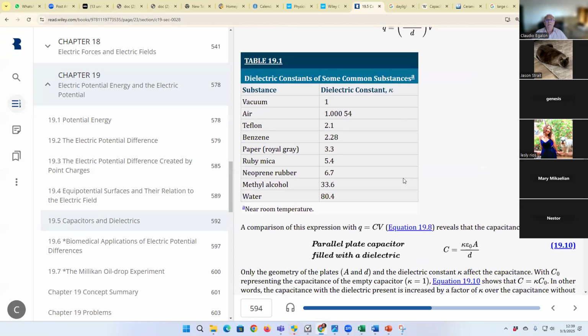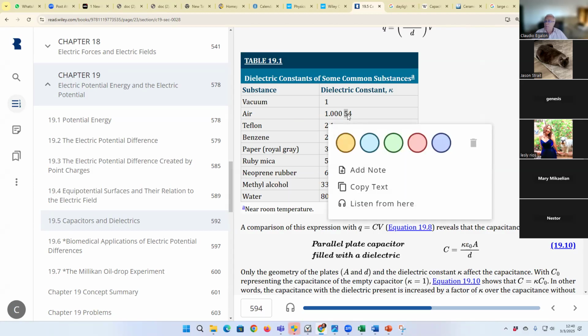The book has vacuum and air. They are almost the same. Do you see that? The dielectric constant of air is almost nothing compared to the vacuum. That's why I keep saying that kappa for the vacuum and the air are almost the same. We're talking about less than a tenth of a percent. The difference is very small.